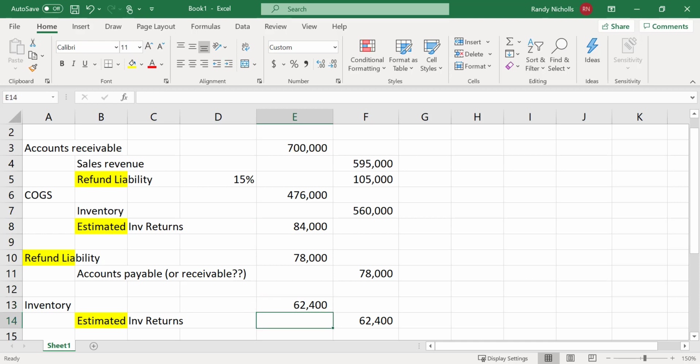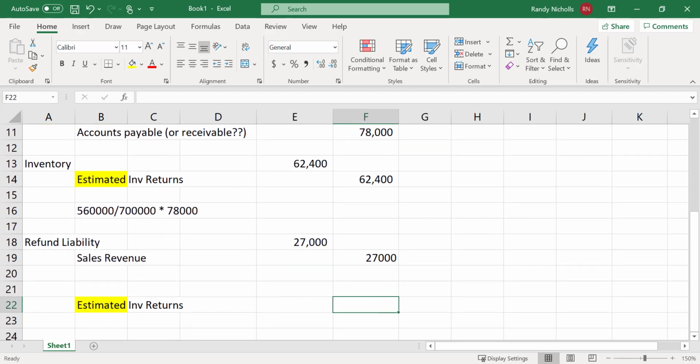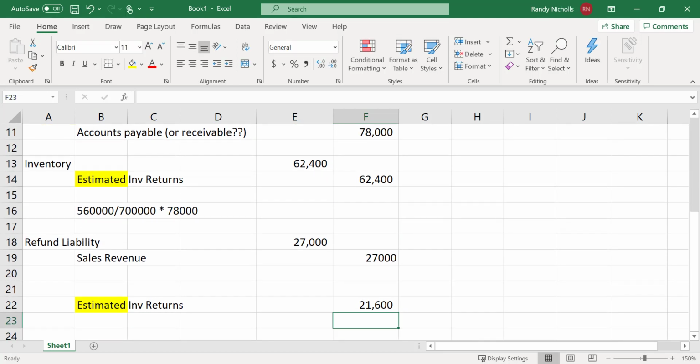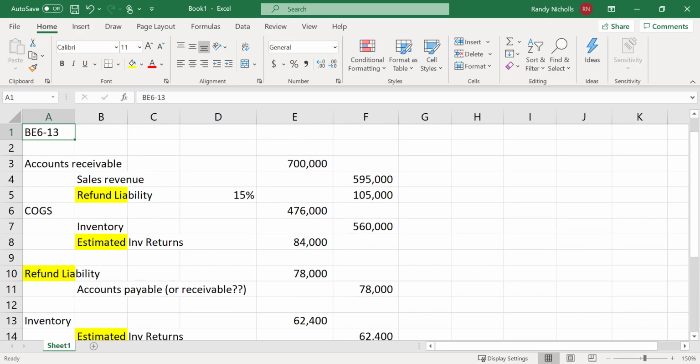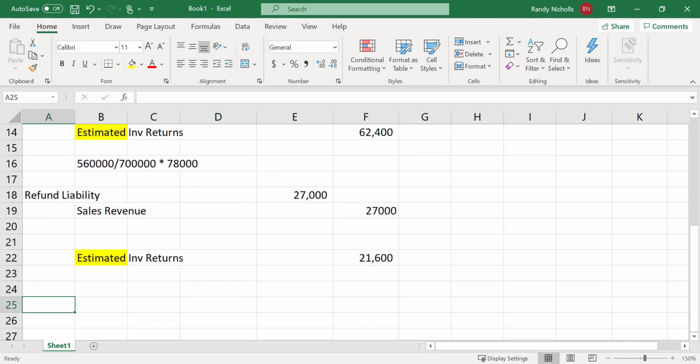I'm never going to get the rest back, so I don't need that estimate sitting there. And again, I'm fixing the initial entry I did now that I have a better estimate, so my cost of goods sold is going to change.